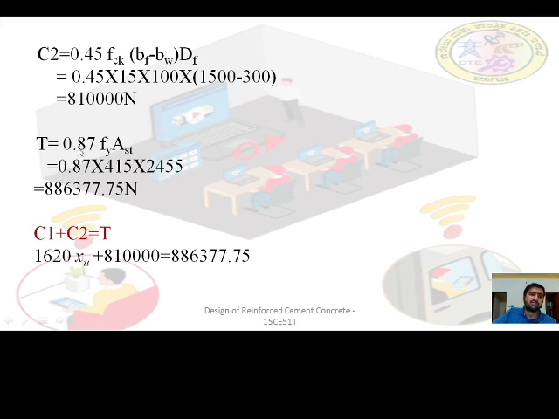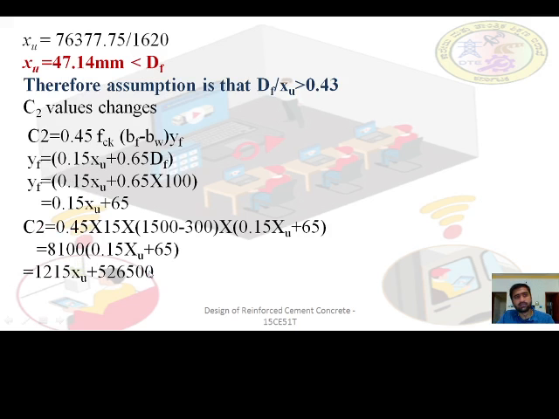Tension force is 0.87 Fy AST. I will substitute and solve for the XU. See, I calculated the XU value. The newly calculated XU value is less than DF. So we have to recalculate it.